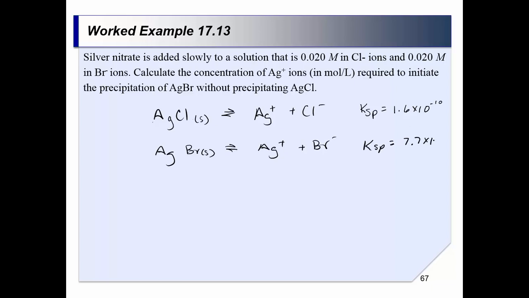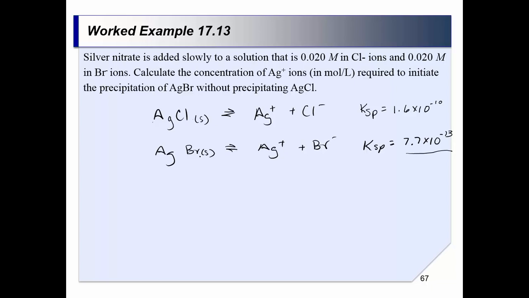Now, because the Ksp for silver bromide is a much smaller number, the silver bromide should precipitate first, and so it will require fewer silver ions.